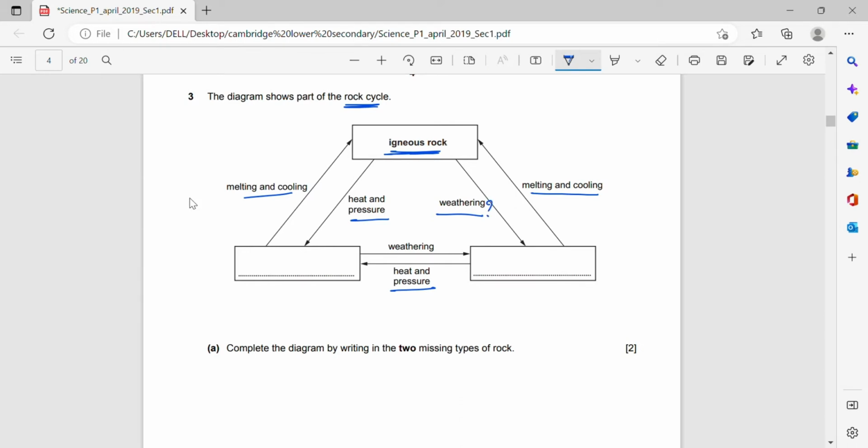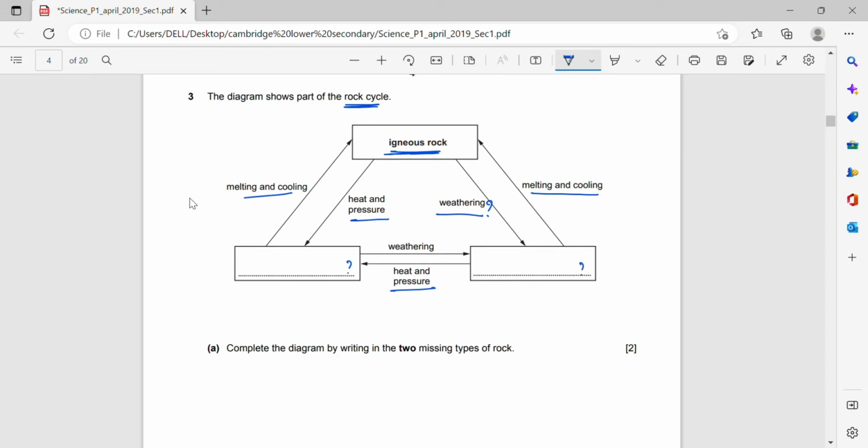Remember, weathering we said it's the breakdown أو dissolving of the rocks on the Earth's surface when the weathering is caused by wind, waves, and rain. طيب. Here we have one type of rock written. The other two types are missing. Question A. Complete the diagram by writing in the two missing types of rock. يبقى here we have to write the two missing types of rock.